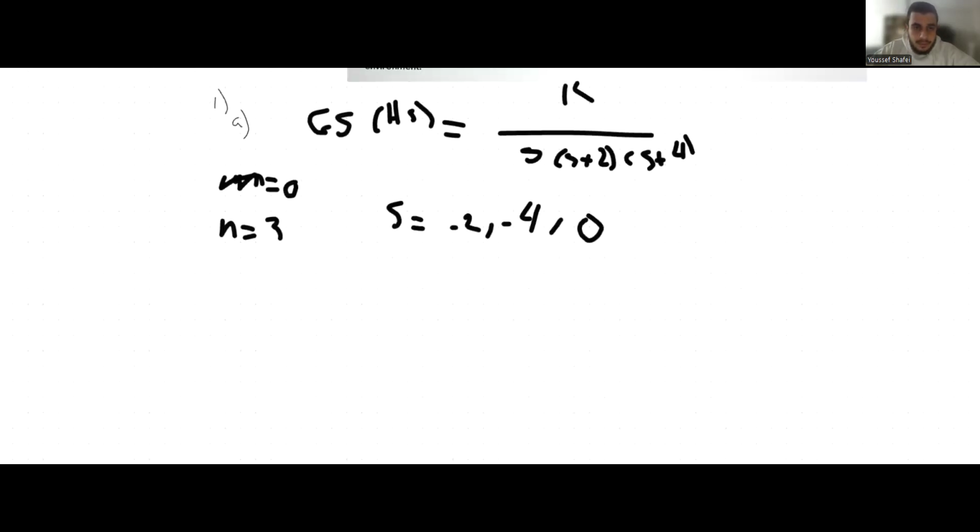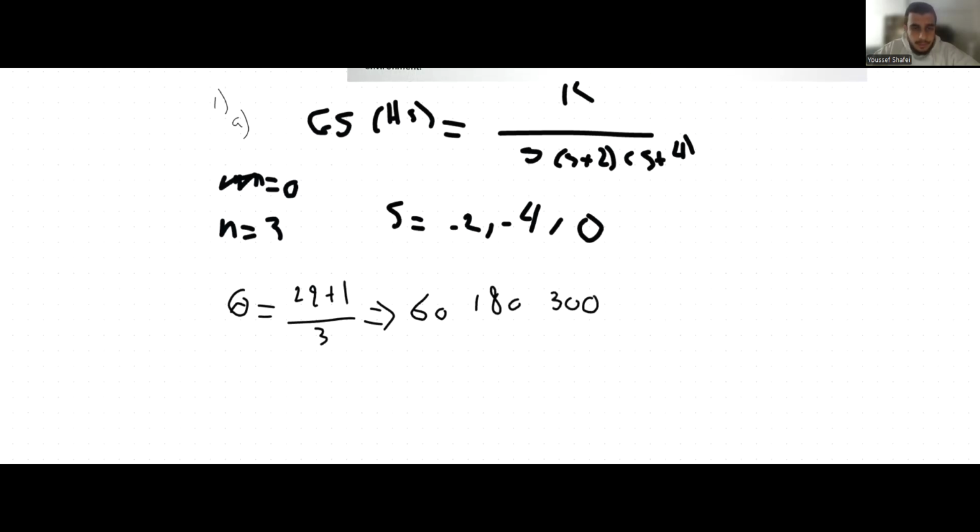And theta, the angle, will be equal to (2k plus 1) times 180 over 3. So the angles will be 60, 180, and 300.